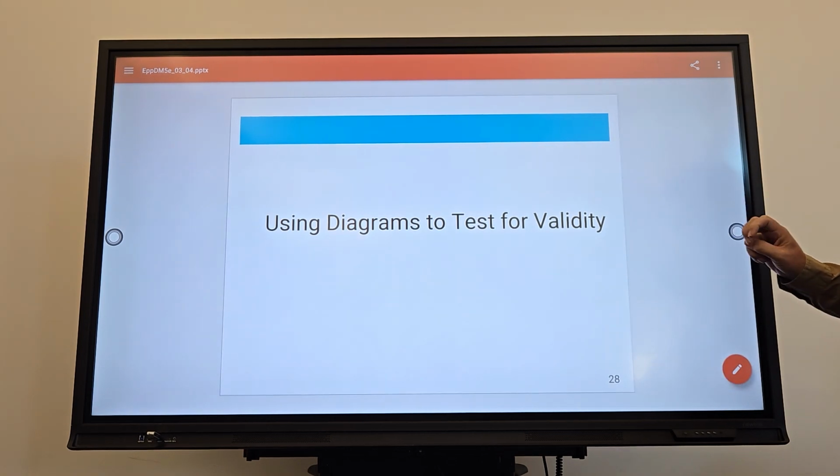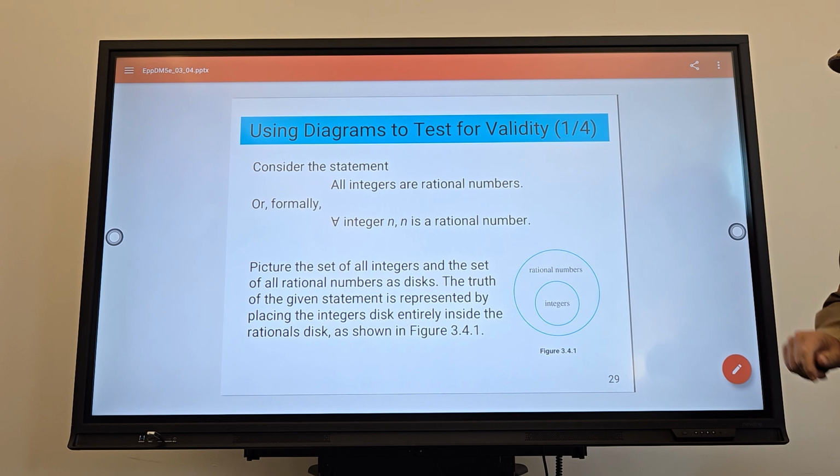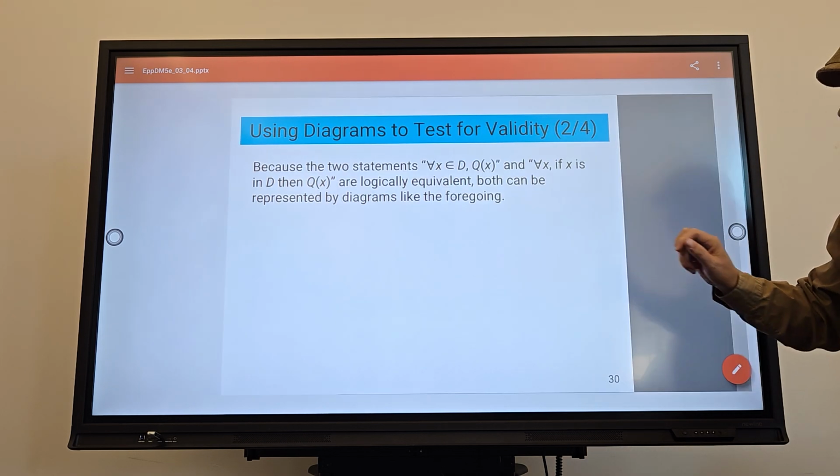So, using diagrams to test for validity, kind of using Venn diagrams. Consider the statement, all integers are rational numbers. Picture the set of all integers and the set of all rational numbers as disks, or circles. And the truth of the given statement is represented by placing the integer disk entirely inside the rationals disk.